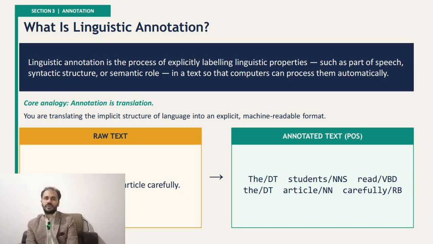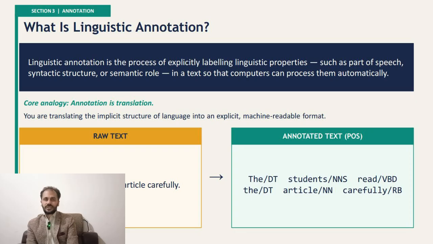Let me show you a very simple example. Take this sentence: The students read the article carefully. Now, as a linguist, you know that there are so many tags connected to different words. The students is a noun phrase and it is the subject. Read is a verb in simple past tense. The article is the direct object.